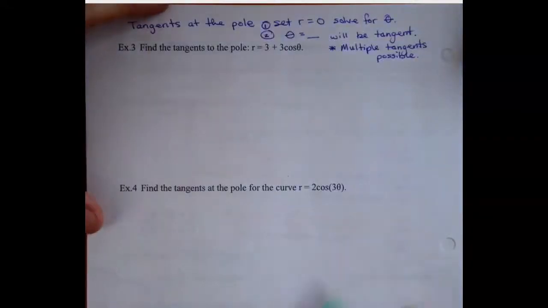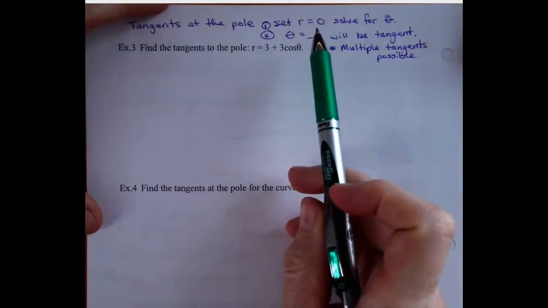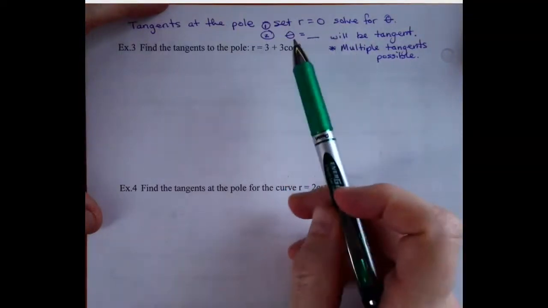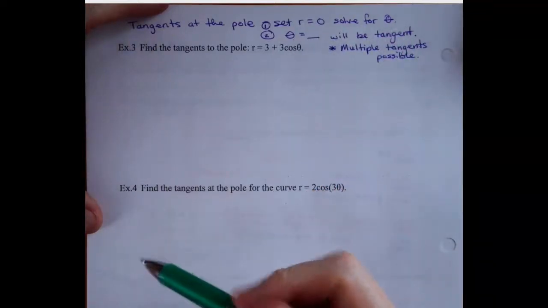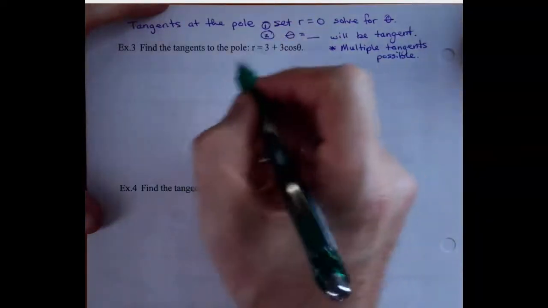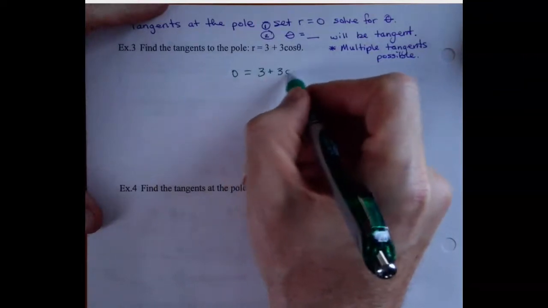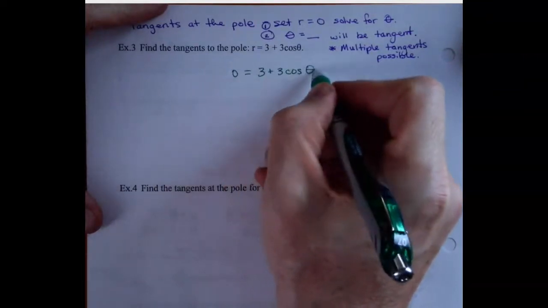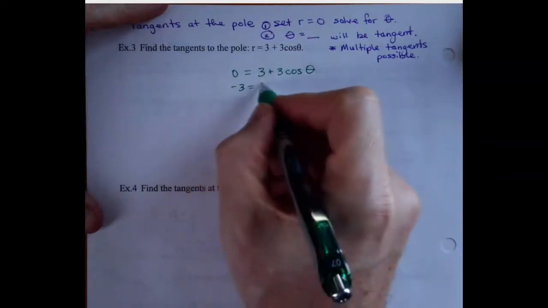To find tangents at the pole, it's a pretty straightforward process. We're going to set r equals 0, solve for theta, and then theta equals each of those angles. Those will be the tangents. So that's pretty straightforward. We'll let r be 0, and we have this, and then we will subtract 3 and divide by 3.